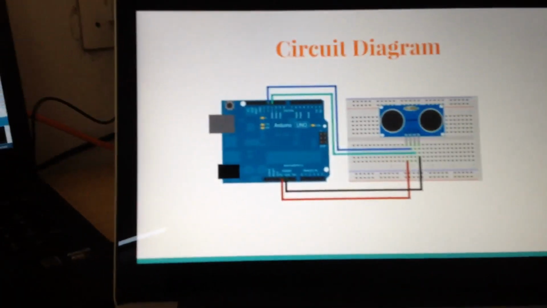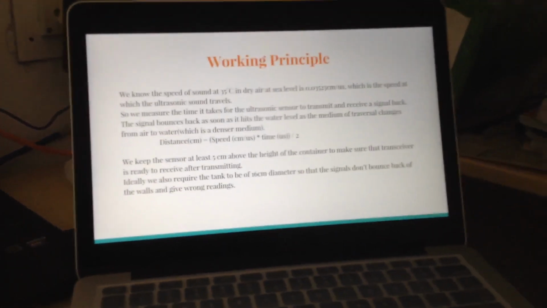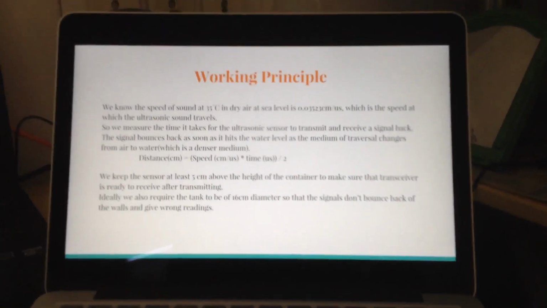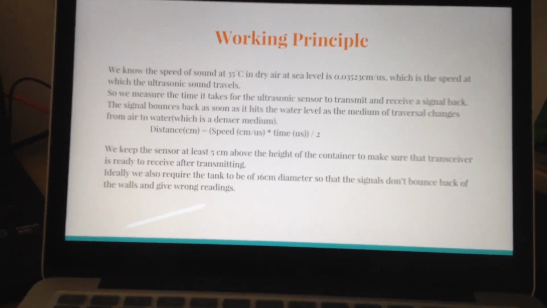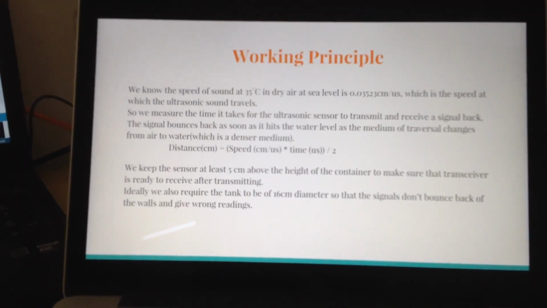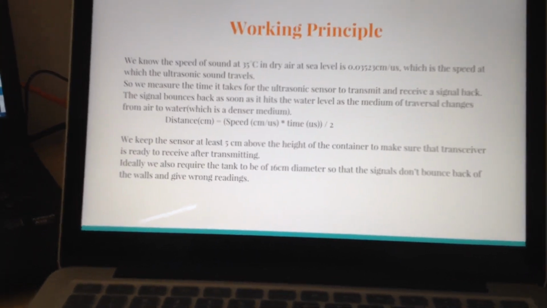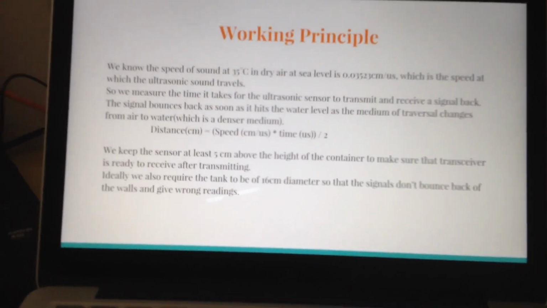The basic principle which is used is that we know the speed of sound. We can assume that it is uniform, and our well-known friendly formula, speed is equal to distance upon time. We've used that, and so basically the sensor emits a sound signal and waits for it to come back.